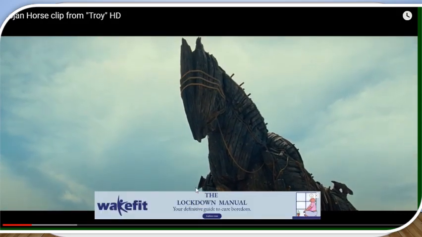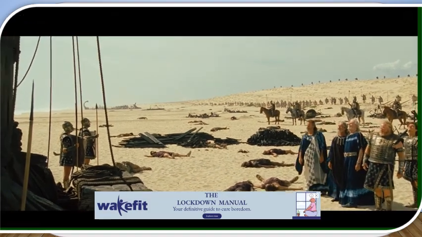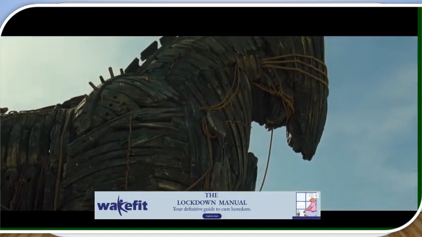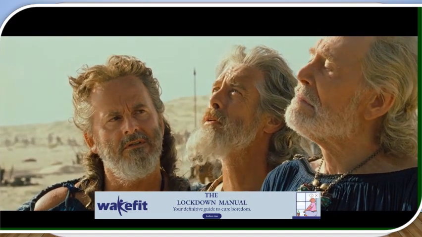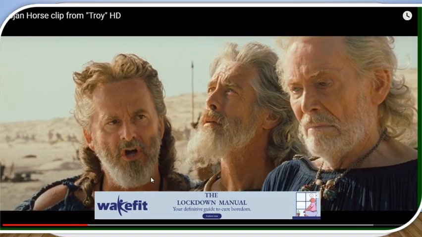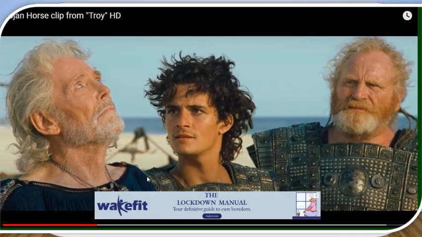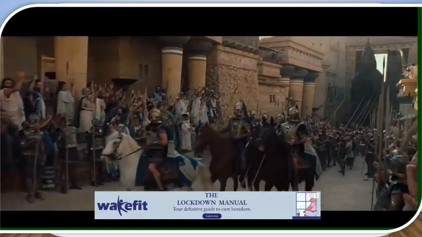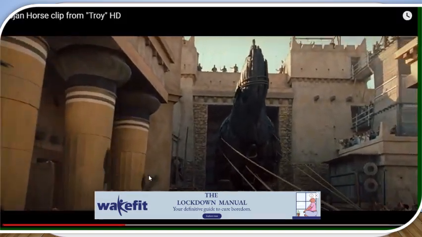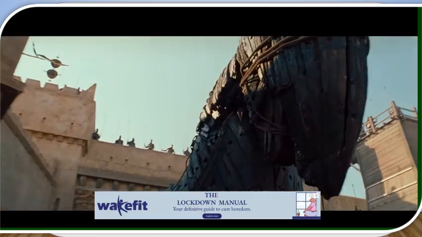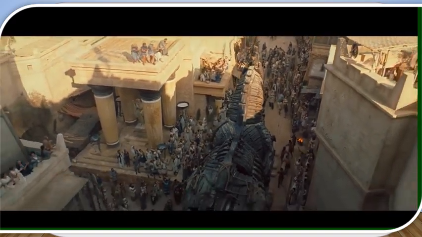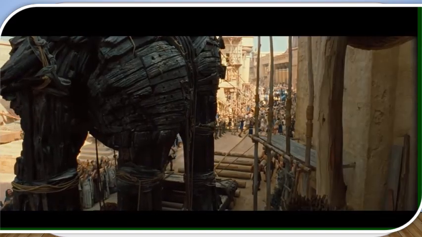At last, one day, when the Trojans came, they could see only a big wooden horse, and they thought it was a gift given by the Greeks, and the Greeks left the war, and with much happiness they brought the wooden horse to the city of Troy.